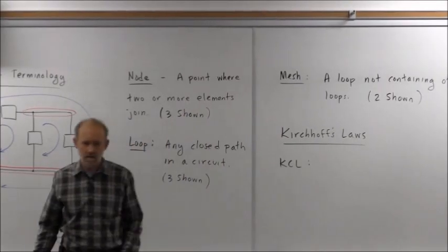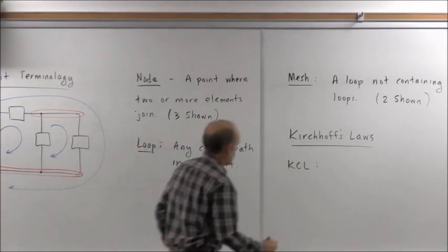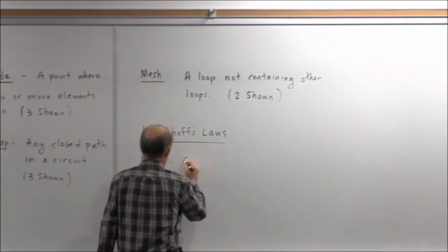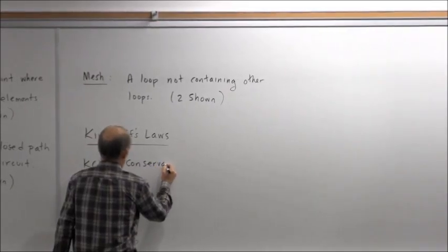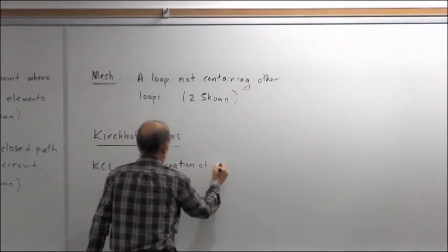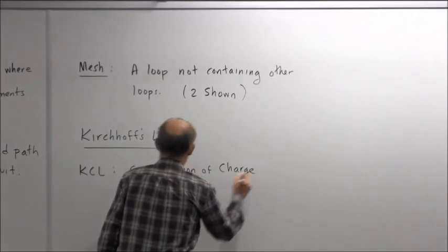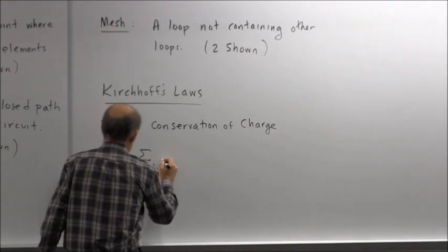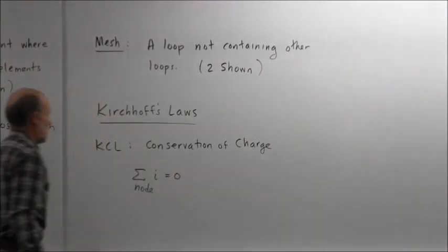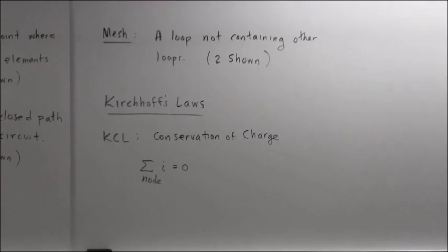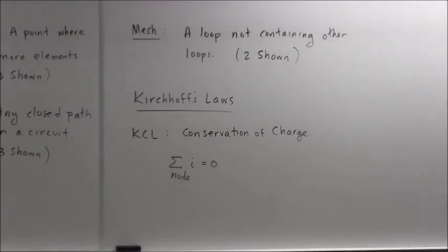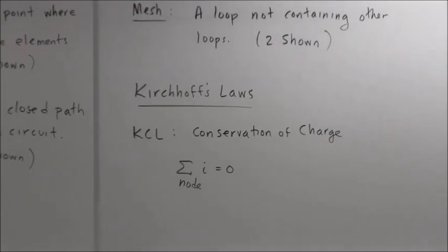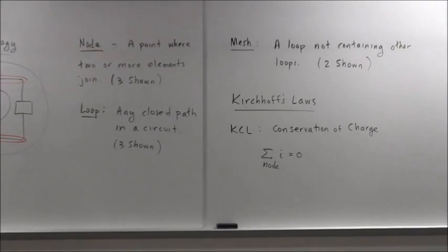Okay, so KCL, Kirchhoff's current law, is really nothing more than the statement of the conservation of charge. A nice, clean way to summarize KCL is to indicate if you sum the currents at any node, the net current entering a node must equal 0. So again, conservation of charge.